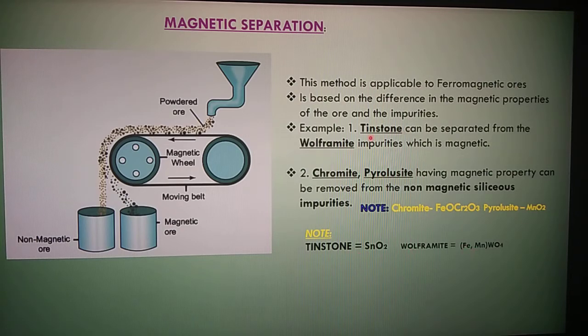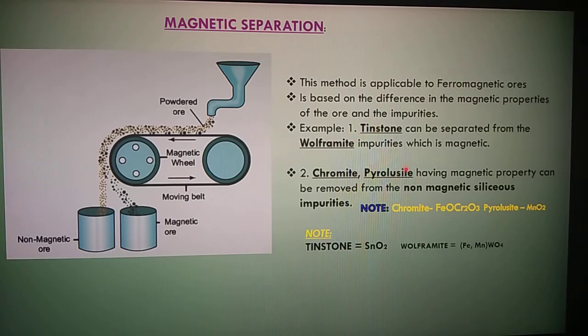Such a character is used to separate the wolframite impurity from the tin stone ore. Okay, right. Our tin stone is non-magnetic, but the impurity wolframite has magnetic character. That's why we use the magnetic separation process to separate the impurity wolframite from the tin stone.